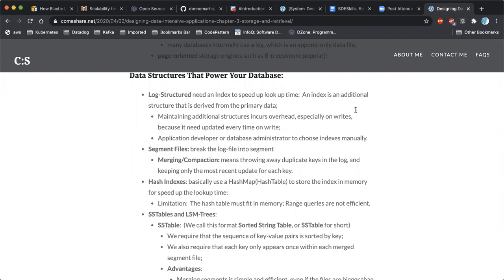Okay, I think I got it while I'm talking about it. When we keep writing, what we do by compaction is divide the files into multiple segments, periodically merge them, remove the duplicates, write to a new file, and delete the old files.